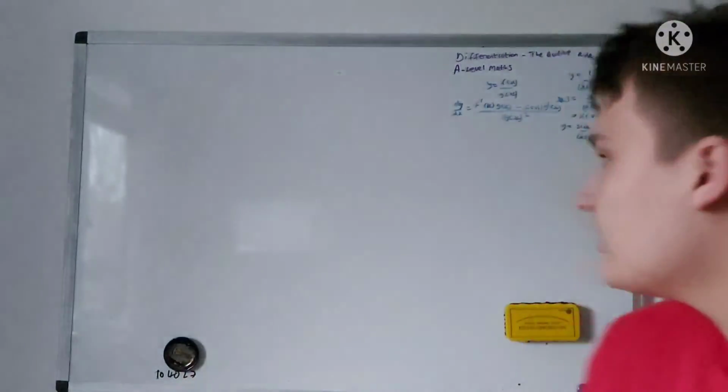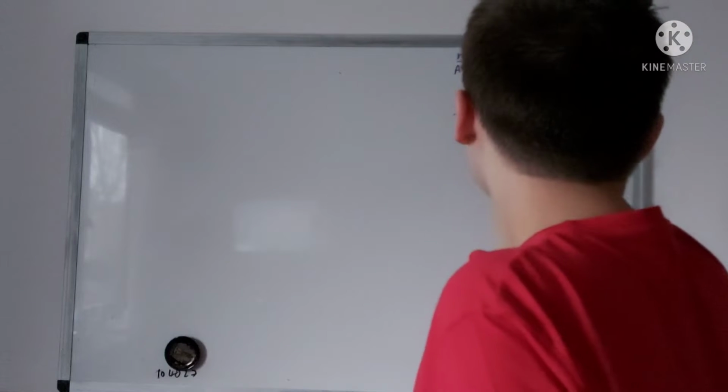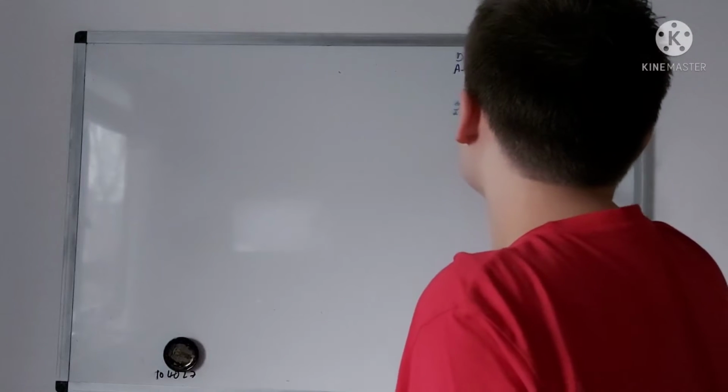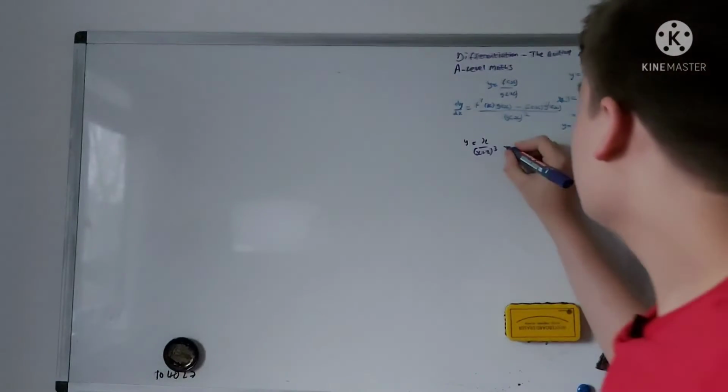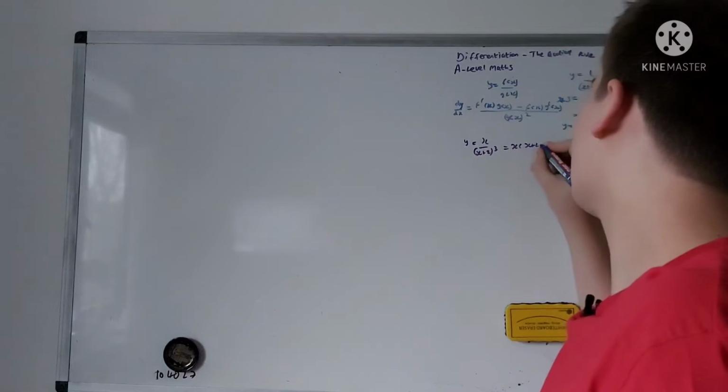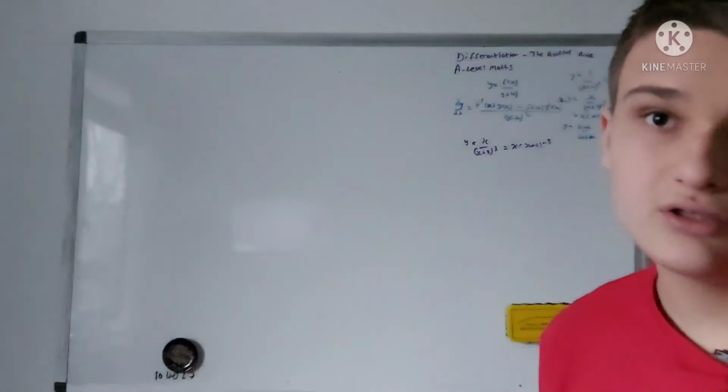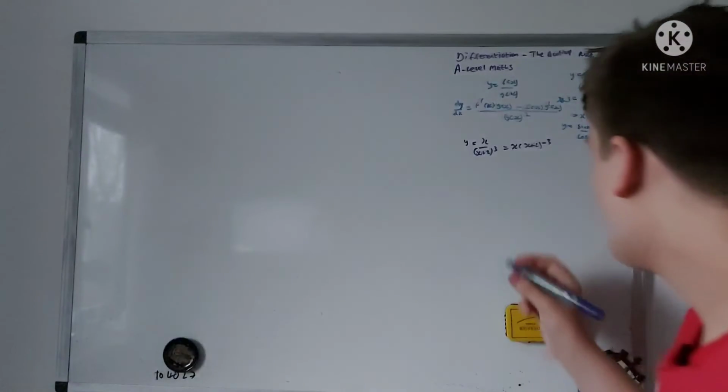Now, what I'm going to do is differentiate this one I was going to come back to. Now, y equals x over (x plus 2) cubed. Seems pretty easy to differentiate, right? That's x lots of (x plus 2) to the negative 3. Differentiate using the product rule then.